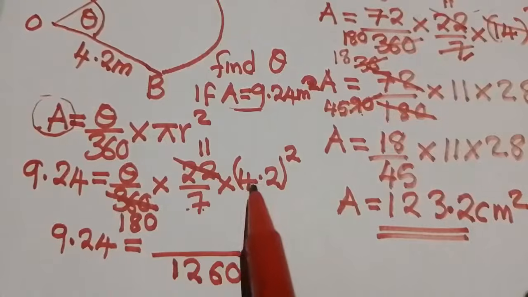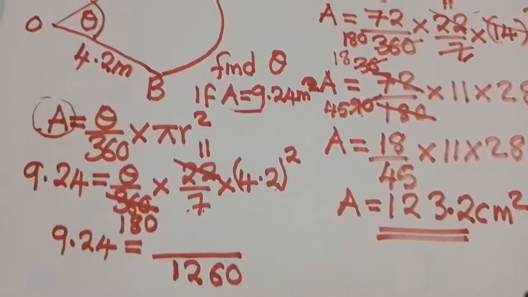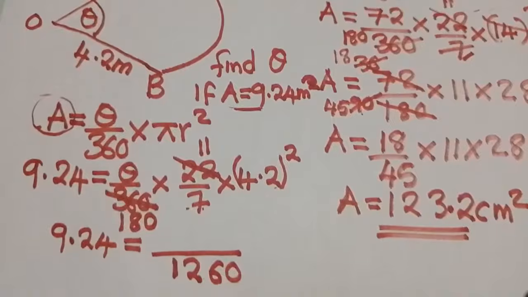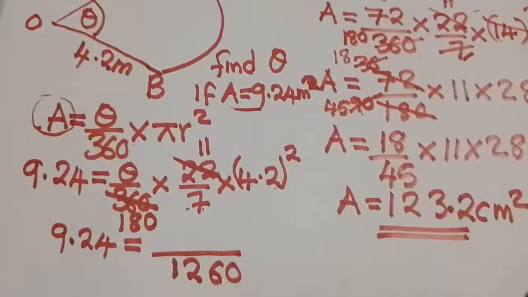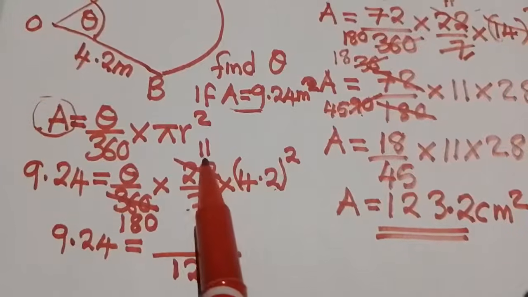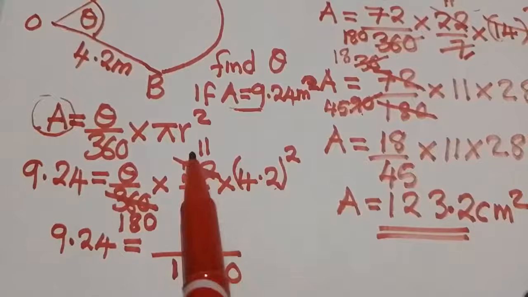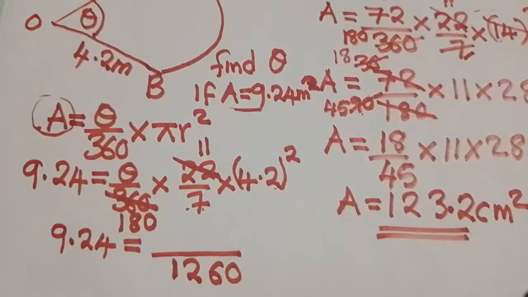On top there, this is 4.2 times 4.2. You calculate this, you're going to get 17.64. Then 17.64 times the 11 which is here.